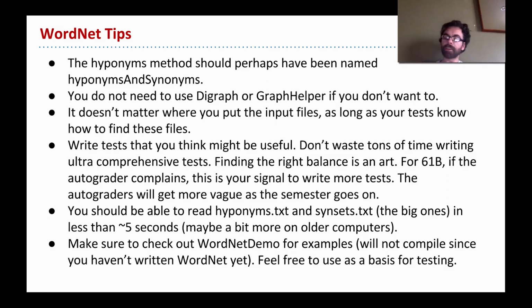So in 61B, you should write the tests that feel like they're saving you time. We will look to make sure you have vague code coverage, but it may be that, for example, using the Google Ngrams viewer is a better use of your time for doing quick checks. Who knows? All right. Your code should be able to read hyponyms and synsets.txt, the big ones, in less than around 5 seconds.